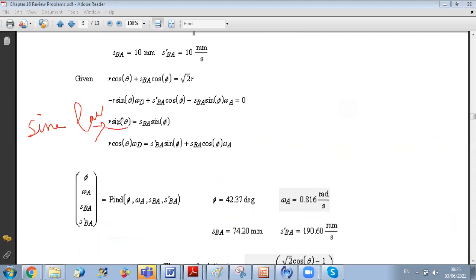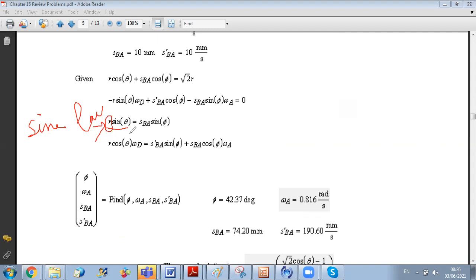So first, r is constant. So the derivative of r sine theta is r cosine theta times omega d, where omega d represents theta dot. Okay. Now for the second term, you have s times sine phi. So it's like u times v.